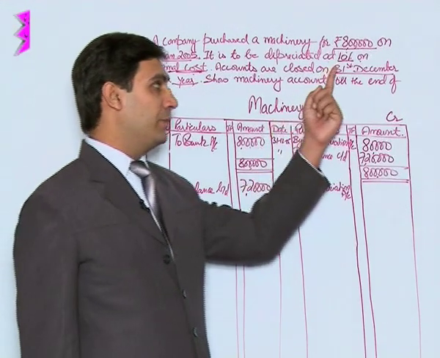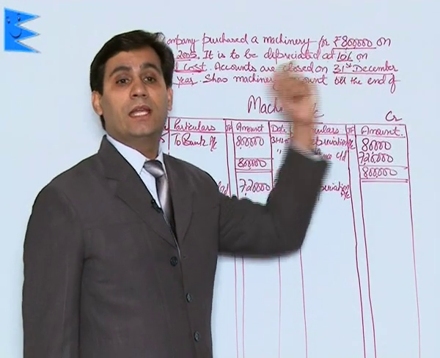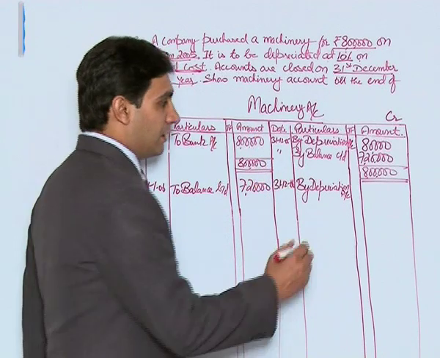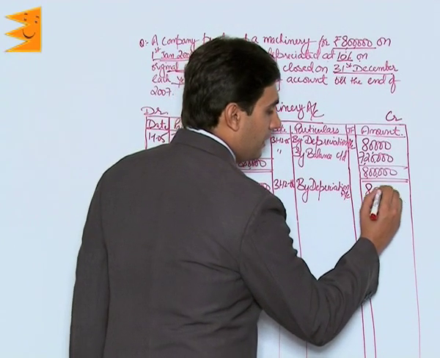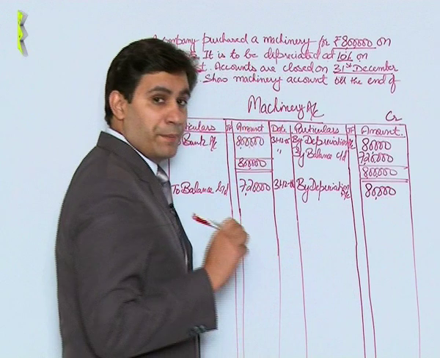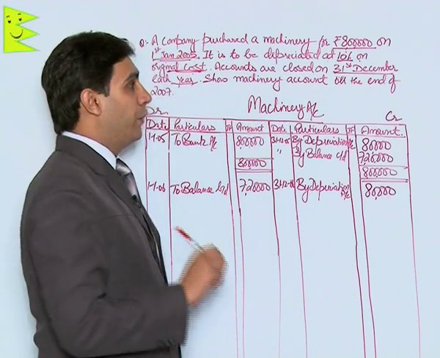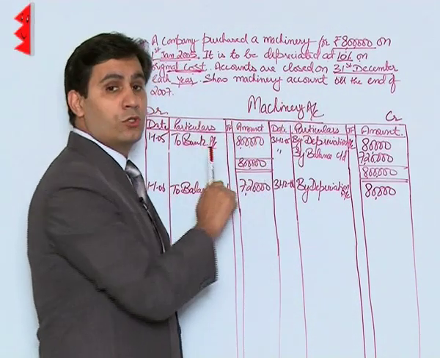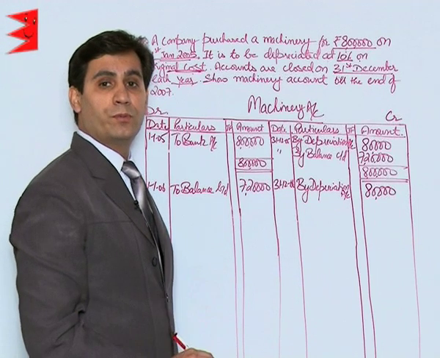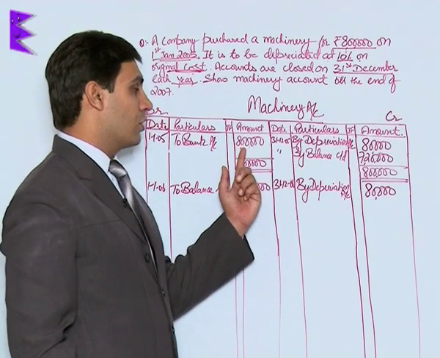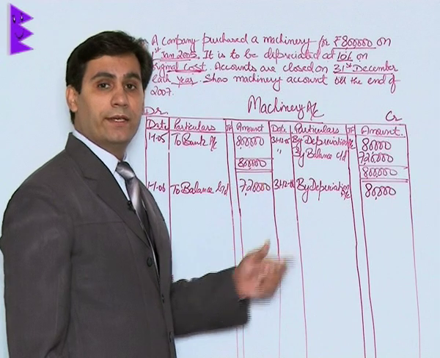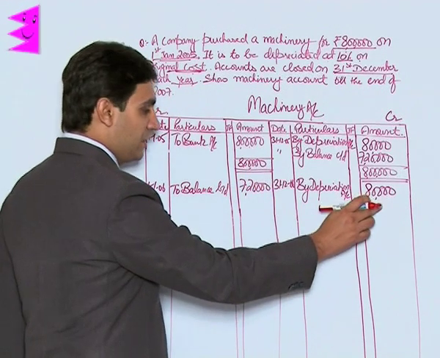So the 10% depreciation would be charged on 8 lakh rupees. That is 80,000. Remember students, do it carefully because it is 10% on original cost. So depreciation would be charged on the original cost of 8 lakh every year. So it is 80,000 this year.